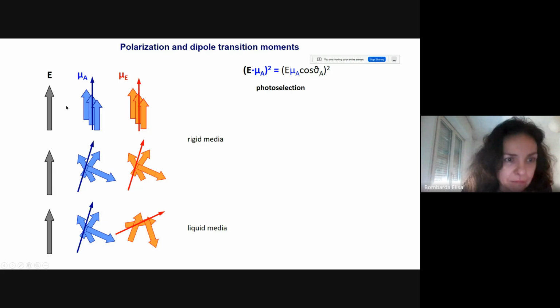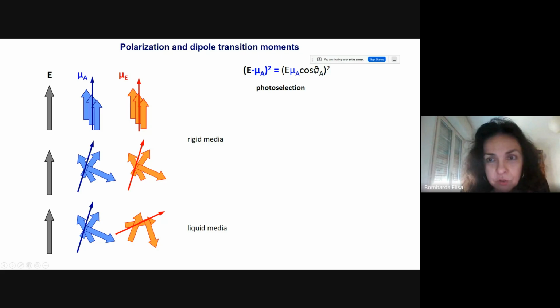If they are parallel, it's great. Then the cosine is 1 because the angle is 0, and so all the molecules will be excited in the same way. If the molecules are oriented differently, so the system is less ordered, they will not be excited in the same way.